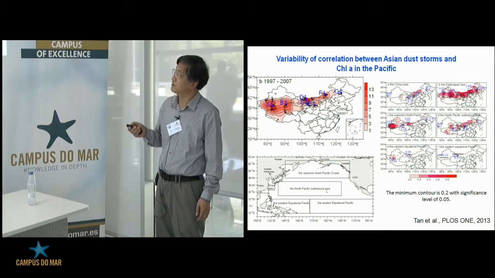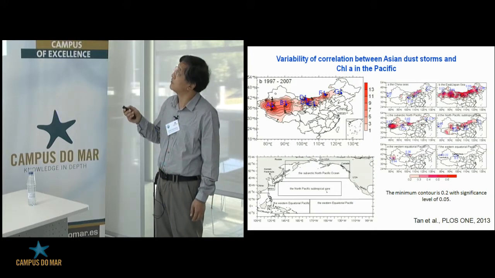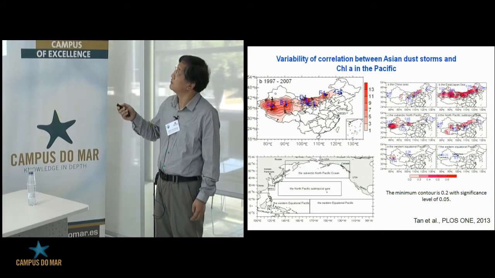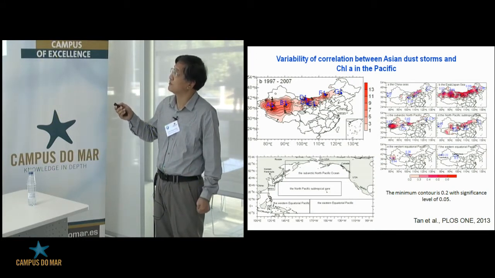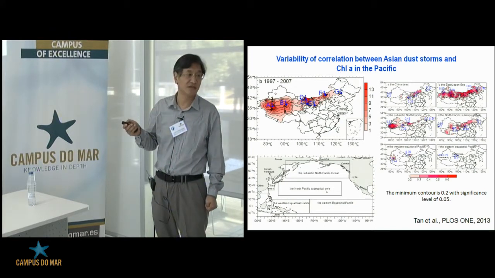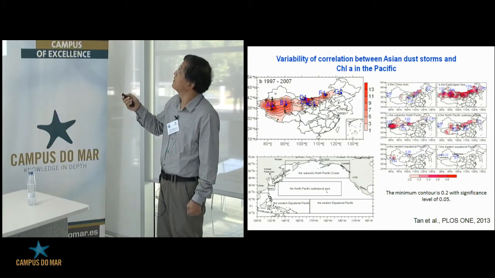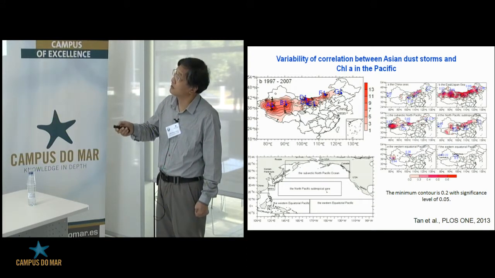This figure tells us where the dust comes from for the oceans. For example, this is the coastal seas. For these areas, most of the dust impacting them comes from here, in Mongolia and the Mongolian borders. And for the Eastern Japan Sea, it's here.